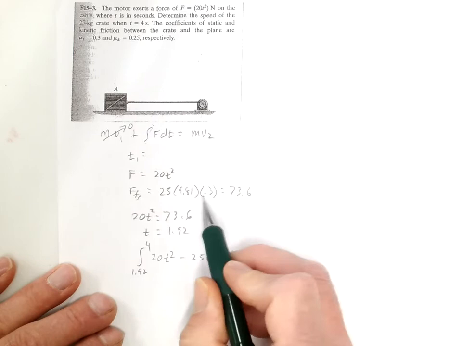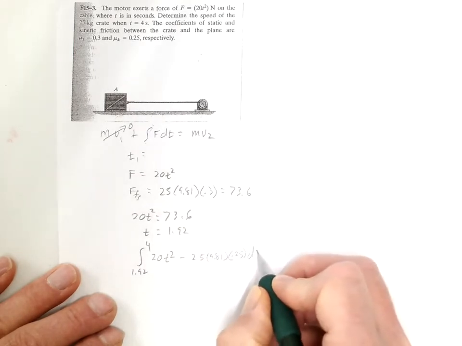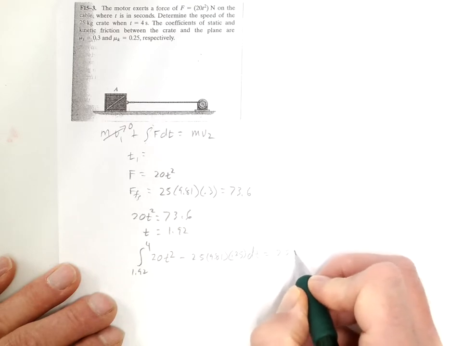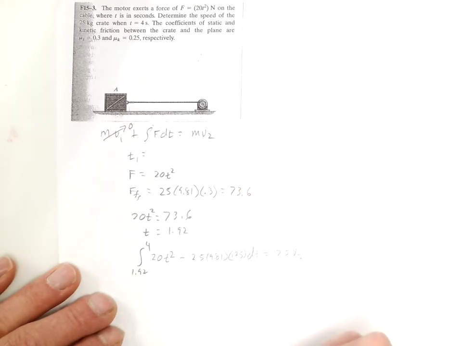So it's the same as this, except it's the kinetic value instead of the static value. dt equals 25 v2. So we put the values into there.